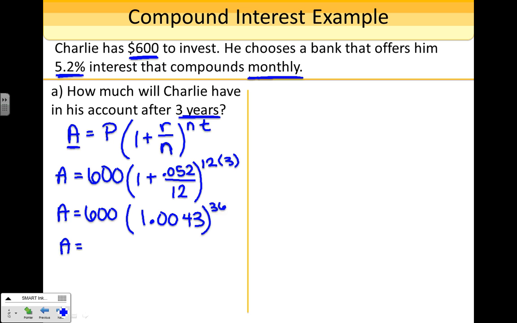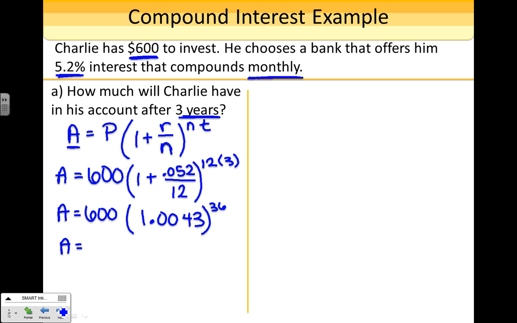So what I would do is take your 1.0043, raise that to the 36th power, and then keep that exact number and multiply by 600. So the more often you can keep exact numbers in your calculator, the more accurate your answer will be. So even when you did 0.052 divided by 12, keep that exact number, add 1 to it. Keep that exact number in your calculator, hit caret 36.